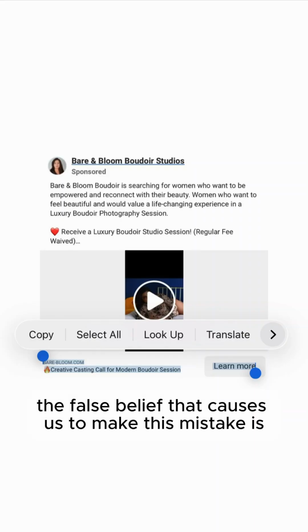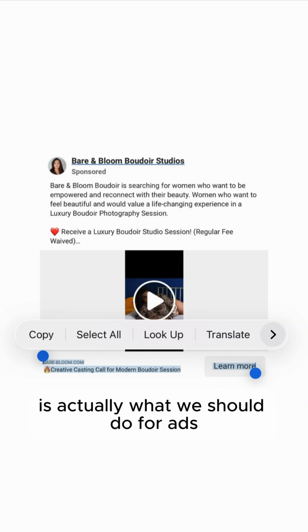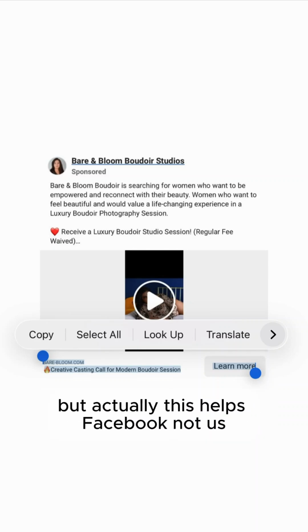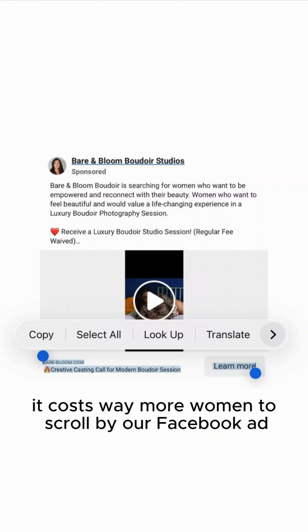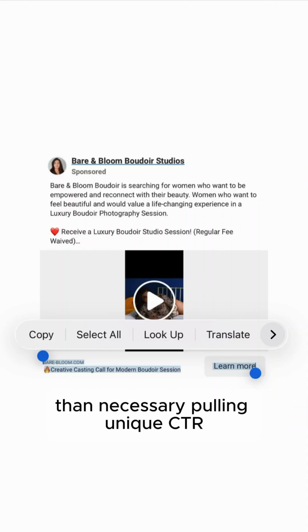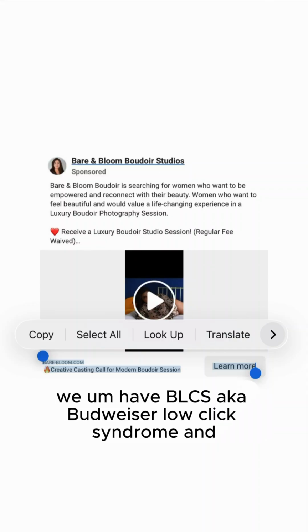The false belief that causes us to make this mistake is we're trusting that what Facebook tells us to do for our ad is actually what we should do for our ads, what we should fill out. But actually, this helps Facebook, not us. It actually hurts us. When we do this, it causes way more women to scroll by our Facebook ad than necessary, pulling unique CTRL under 6% and increasing the probability we have BLCS, aka Boudoir low click syndrome.